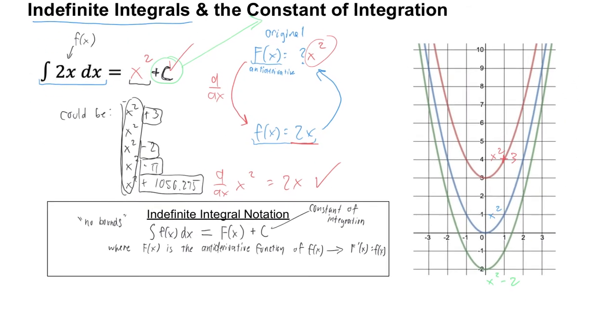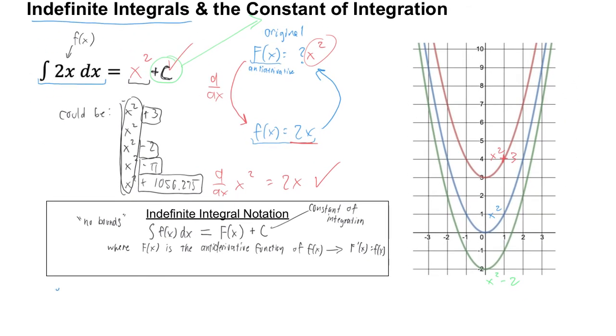All right, so let's just do a quick example, or practice, I should say. Okay, what would the answer to this be? Well, we know that this is like the original, or sorry, the derivative function. So the antiderivative function, or the original function, would be x cubed plus 2x.